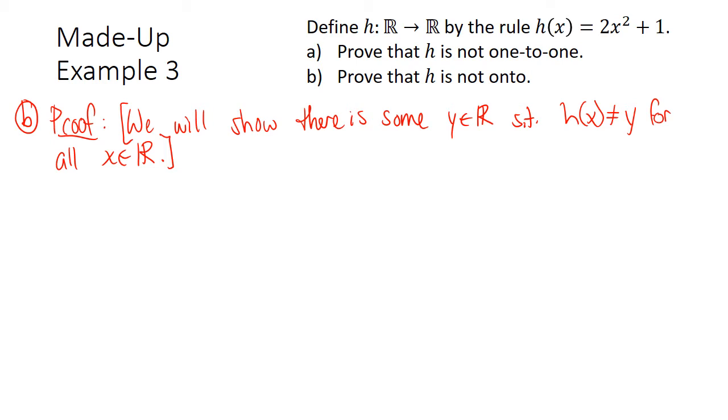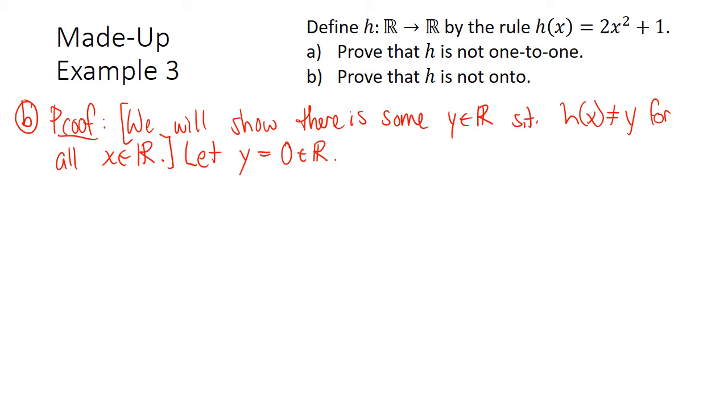And hopefully you can see when you look at the formula for h of x that it only produces positive numbers. In fact, it only produces numbers that are 1 or greater. So any number less than 1 cannot be produced by this function. So you just need to pick a y that is not going to be output by your function. I'm just going to let y equal 0, which is in the real numbers, so that is in the codomain.